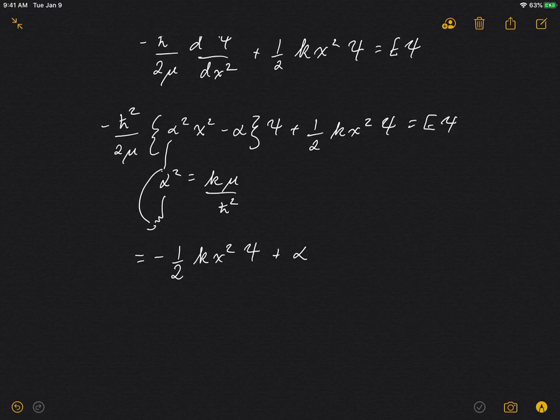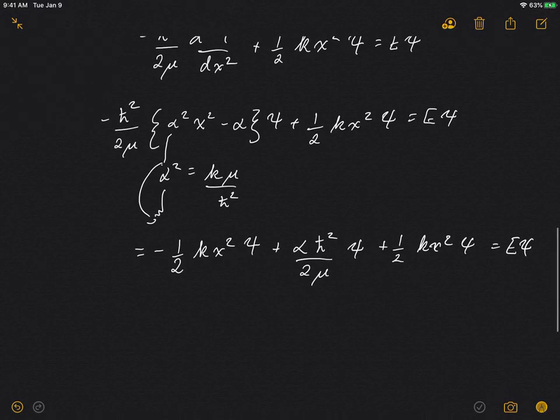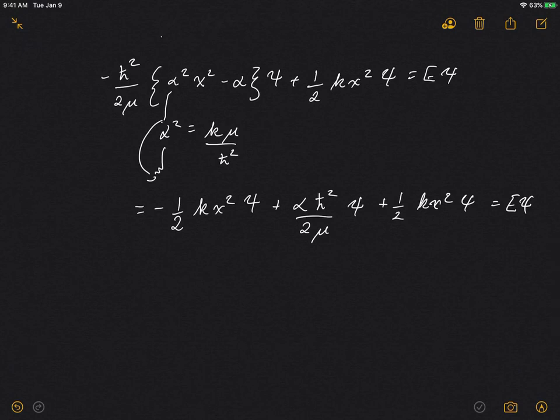Alpha h bar squared over 2 mu psi plus 1/2 kx squared psi equals E psi. And we notice that because of the choice of our function and that variable alpha, these two terms cancel.